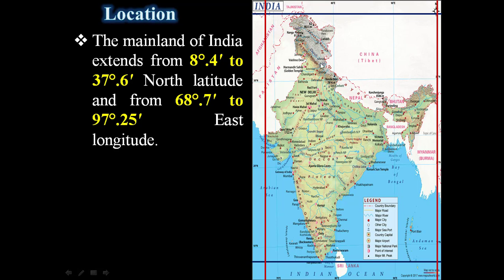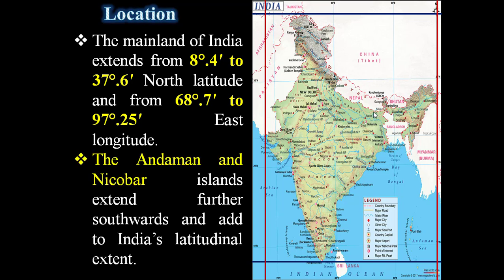That is the latitudinal extent of India. Whereas what you are seeing in the red color in the map starts from 68 degree 7 minutes to 97 degree 25 minutes east longitude. That is the latitudinal and longitudinal extent of India.